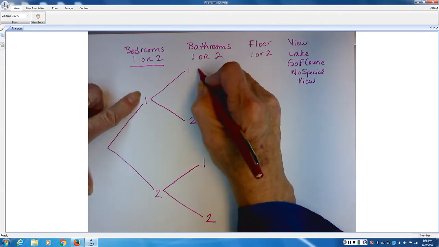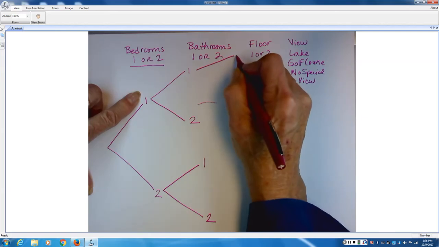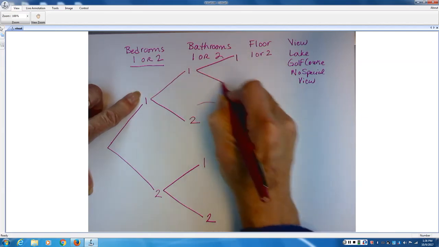Then you can choose first floor or second floor.